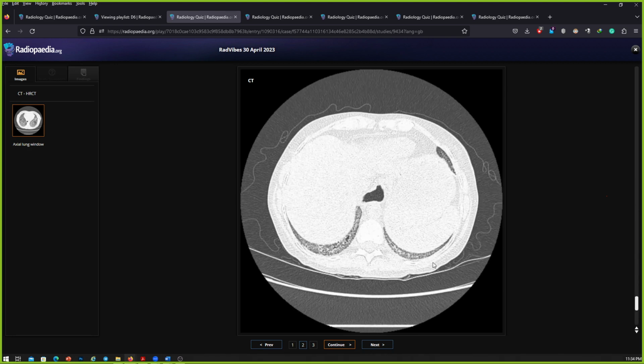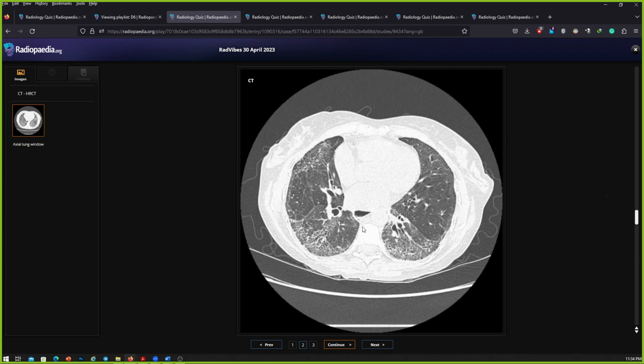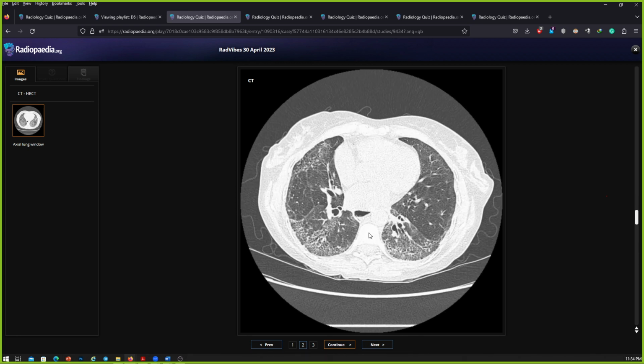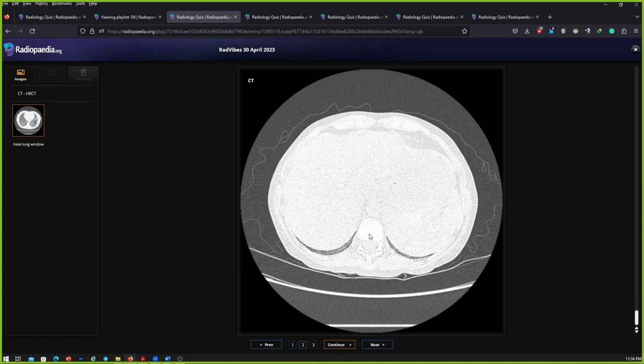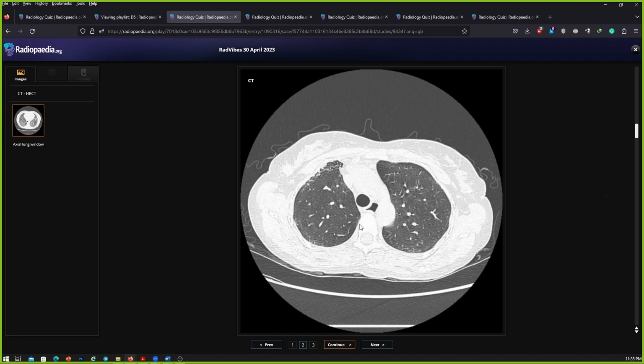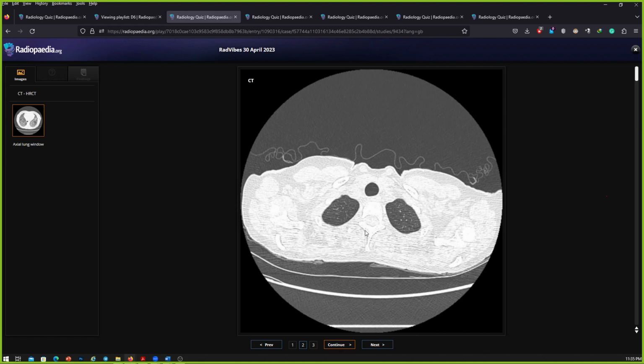I can't see any pleural effusion or pneumothorax. The most striking finding that I can see is that there is a dilated esophagus, which is extending throughout. So this is the hallmark for scleroderma. So based on these observations, the final diagnosis will be UIP, secondary to scleroderma.